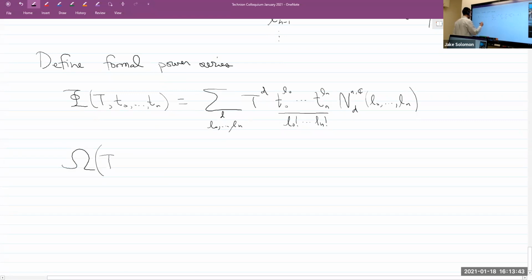So Omega is going to depend on T to the 1/2, and it's going to have also t0 up to tn, and it's going to have an extra variable s.